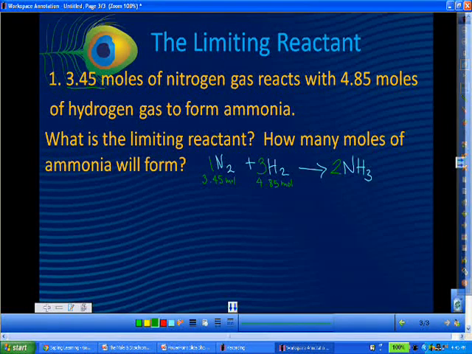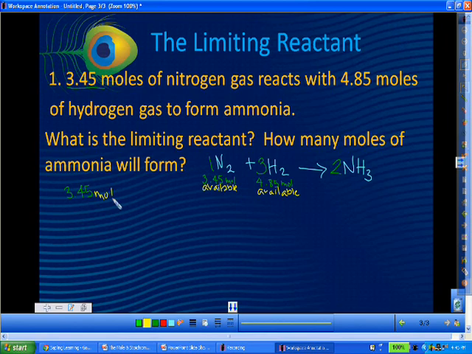So to figure out which one will be the limiting reactant, we have to first convert, and we'll see the moles that are needed. And so since it already provides us with moles, we have here already, this is the number of moles available of N2, and this is the number of moles available for hydrogen.